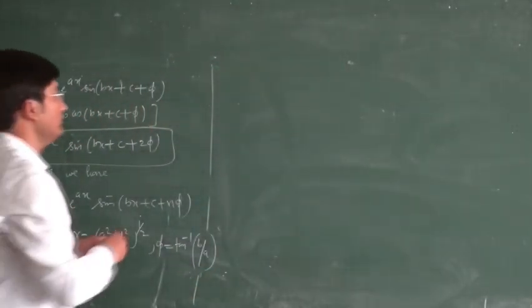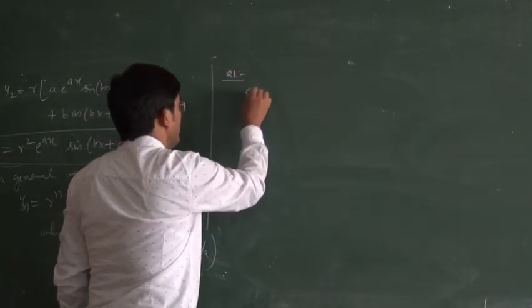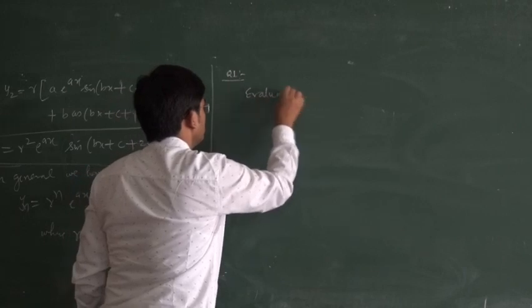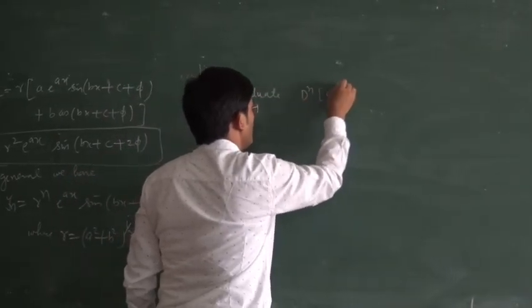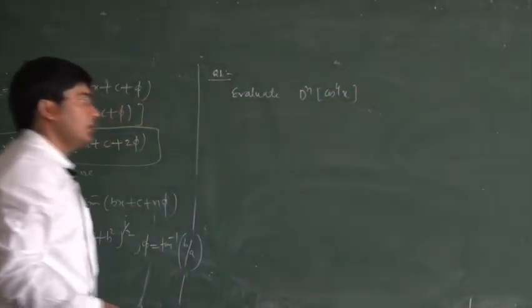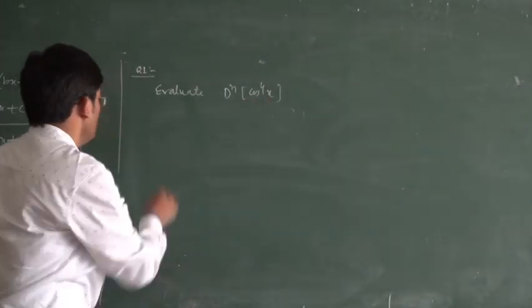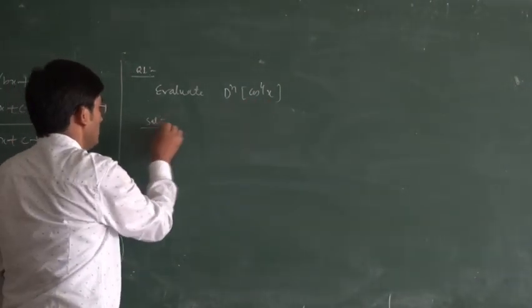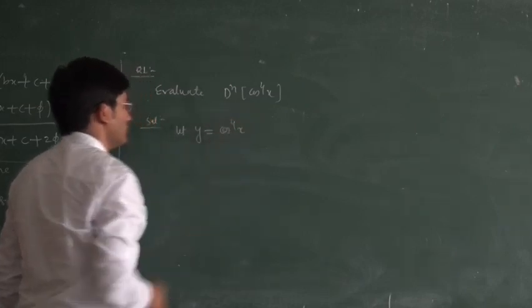So the question number 1: evaluate the nth derivative of, say, cos power 4x. Let us find out the nth derivative of cos power 4x. So solution, let y equal to cos power 4x.